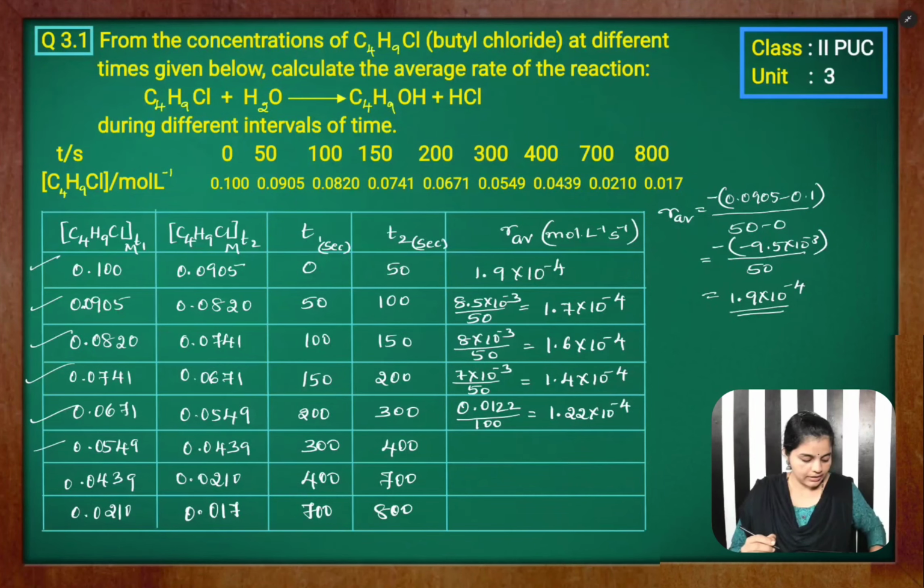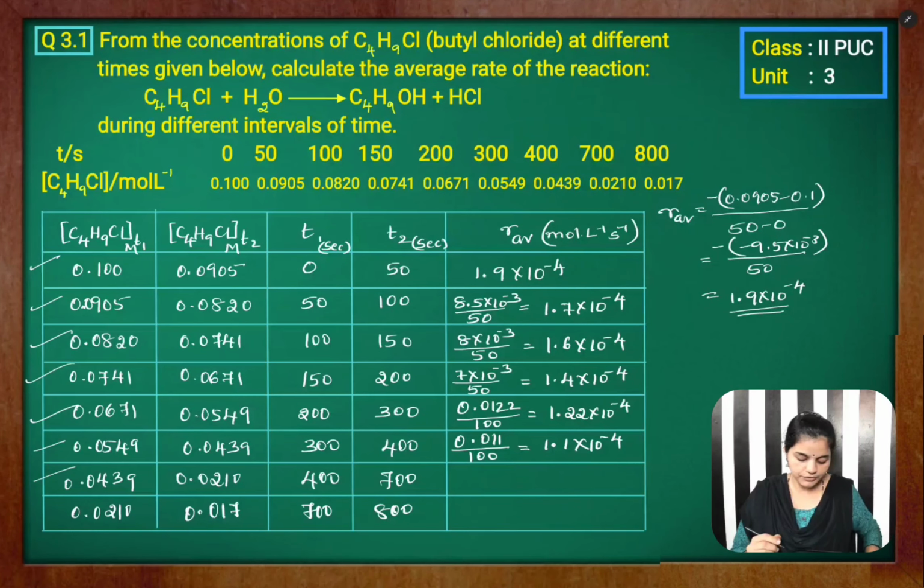Next, minus of 0.0439 minus 0.0549, which is equal to 0.011 divided by 400 minus 300, that's 100, which is equal to 1.1 into 10 to the power minus 4.